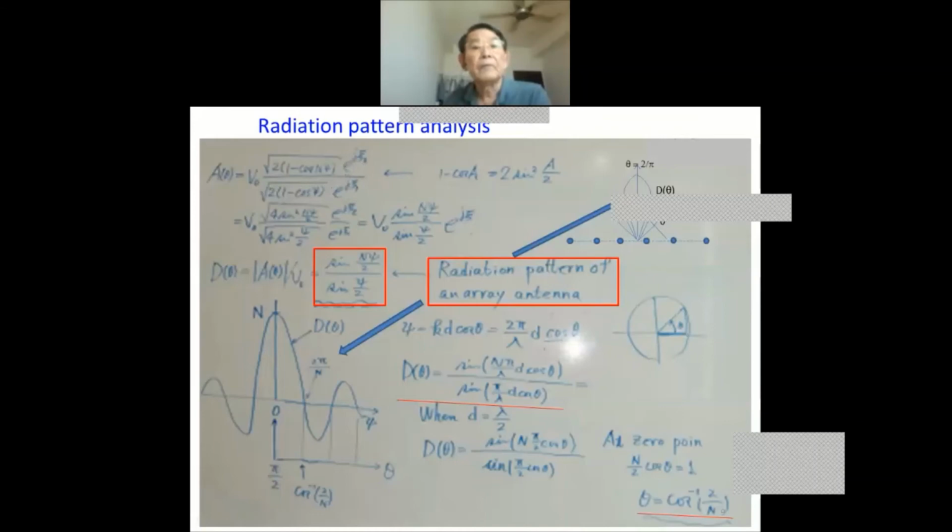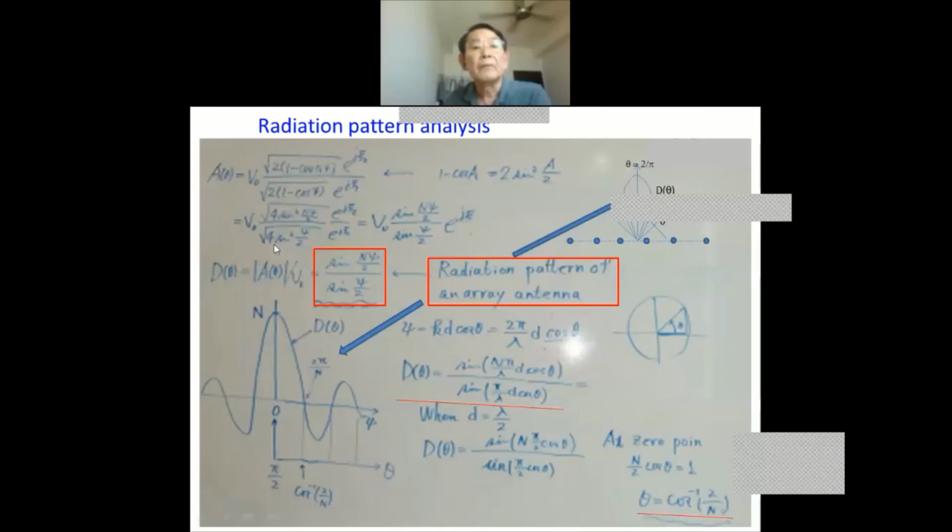So if we consider the absolute value, then it becomes this. 1 minus cosine is equal to a squared value, so 2 times (1 minus cosine) is 4 sine square.